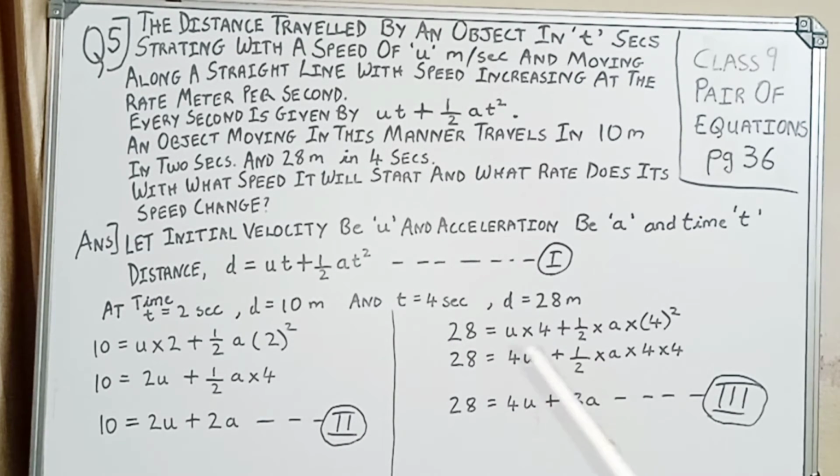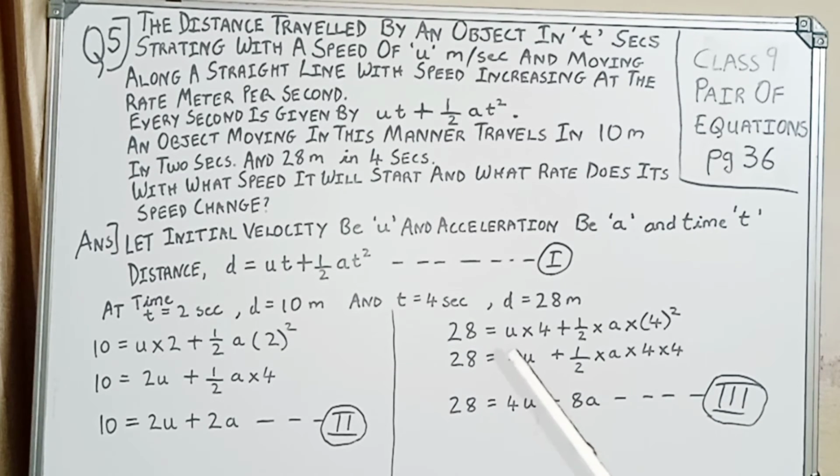Now secondly, we have been given that in 4 seconds it travels 28 meters. So instead of d we substitute 28, and instead of small t we substitute 4 seconds.